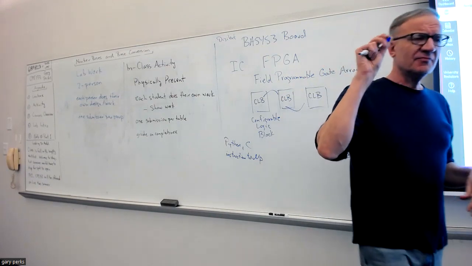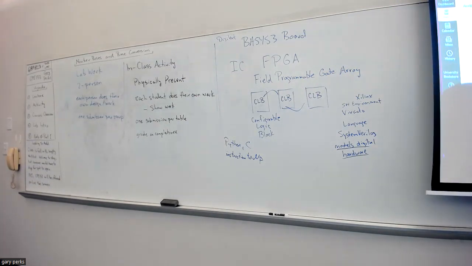Okay. And I know that sounds harsh, and I know it is harsh. Okay, but it's harsh for a reason. And the reason is this is what you're going to design in CPE133. This is the microprocessor that you design in that class.